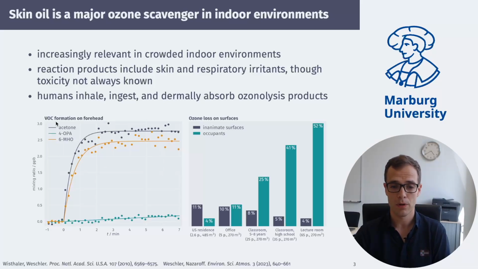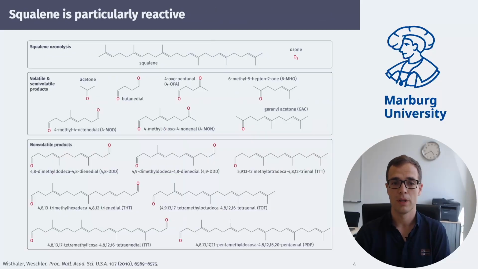And the reaction products include various carbonyl compounds, which are shown here on this slide. So we have mostly mono and dicarbonyls, which differ basically in the carbon chain length and the position at which they have become oxidized. Now, these reaction products can either be volatile, in which case they pollute indoor air, or they can be semi-volatile or non-volatile, in which case the question is what happens to them.